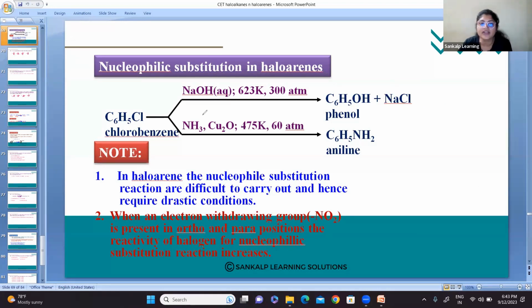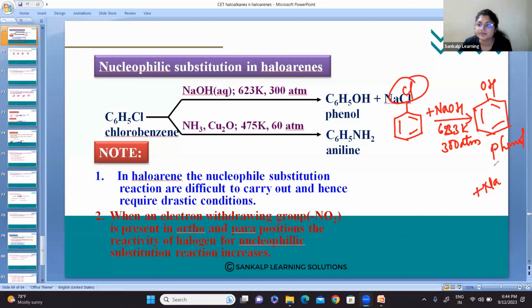Another reaction: if you treat chlorobenzene with ammonia, so I'll write here only. If I treat chlorobenzene with ammonia, with Cu2O at 475 Kelvin and 60 atmospheric pressure, it forms aniline.